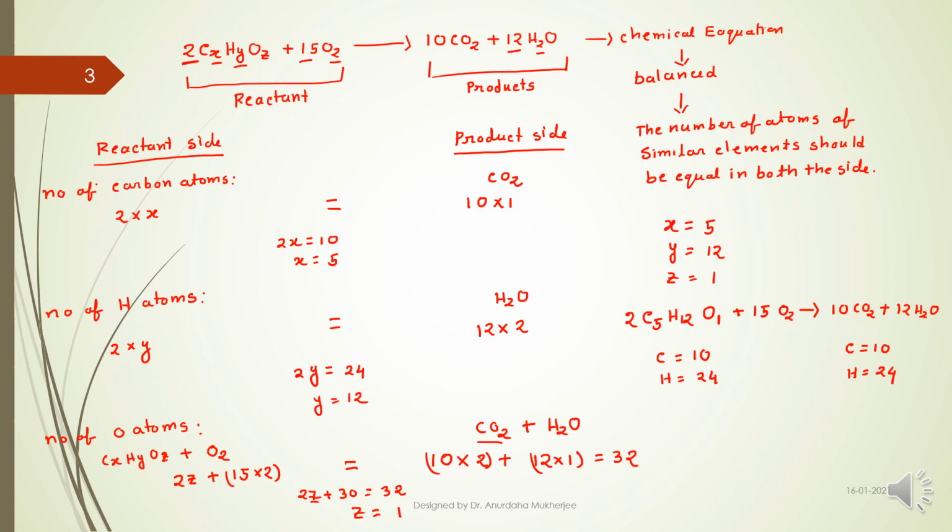Oxygen atoms are 2 into 1, 2, plus 15 into 2, 30, so 32. In the product side it is 10 into 2, 20, plus 12 into 1, 12, so that is 32. So we can see this is the correct balanced chemical equation.